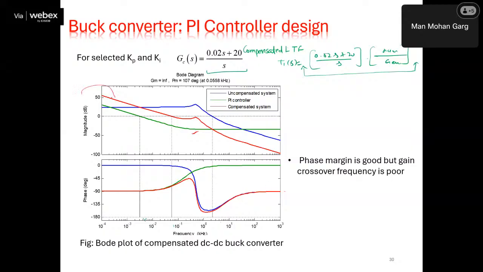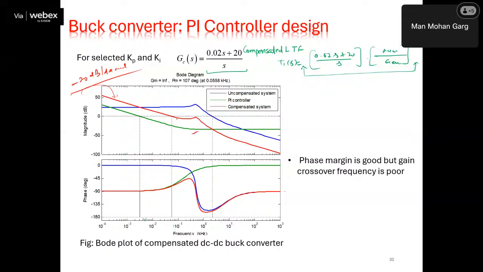We see here that this compensated system now has a minus 20 dB per decade slope. This slope makes sure that steady state error will be removed.